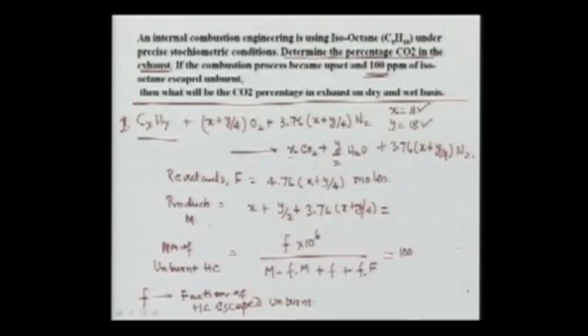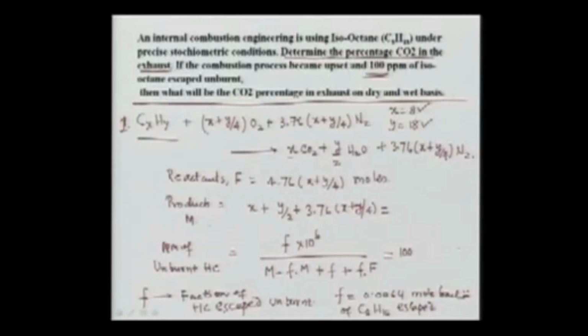My M is already known to me, and what is unknown is I can find out the F. So I'll not do the calculations here, but if you run through this calculation, the value of F will be equal to 0.0064 mole fraction of C8H18 that got escaped. Okay, so this is one thing, I got this one.